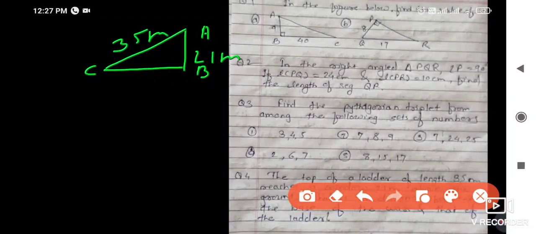As you know, the wall and the ground are at a right angle with each other.